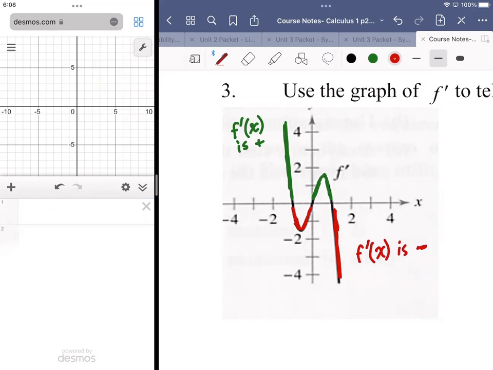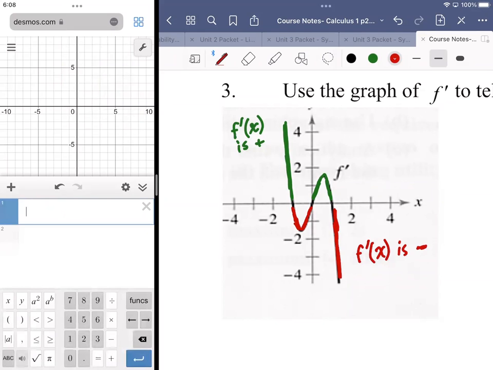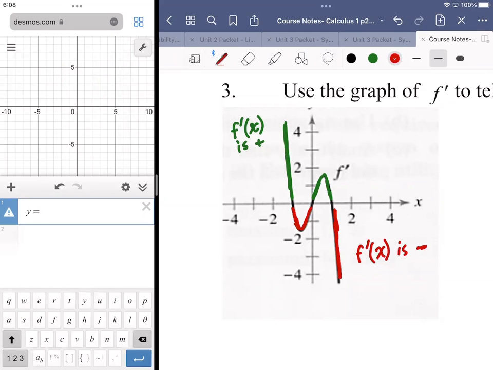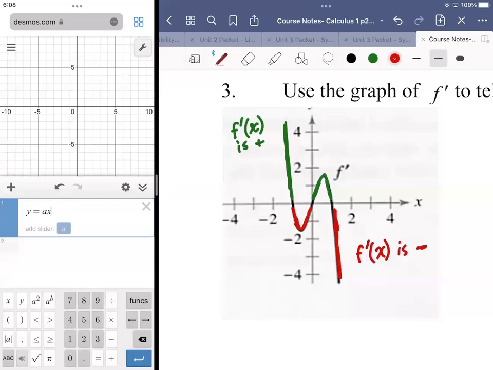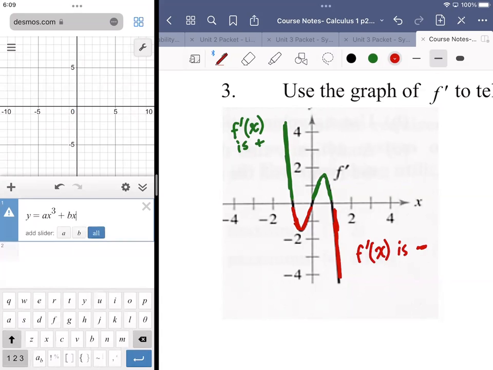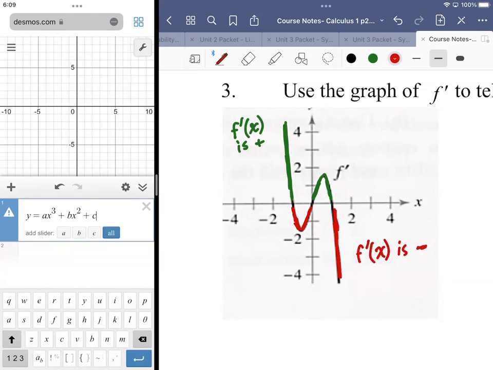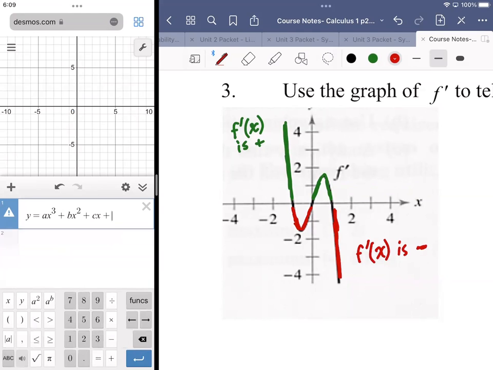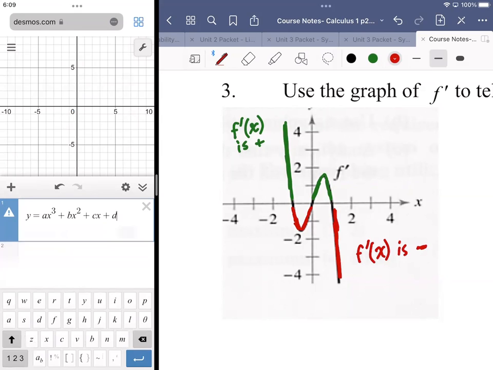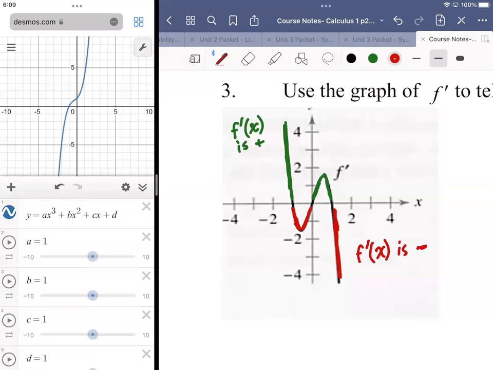I can make up an original function that has this as its derivative, or I can just graph y equals something like ax cubed plus bx squared plus cx plus d, and play around with these coefficients until I get something that looks like this.